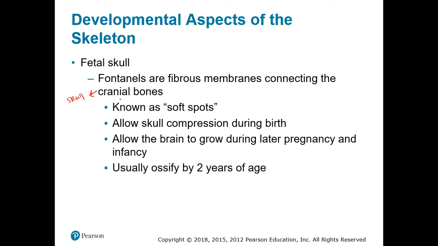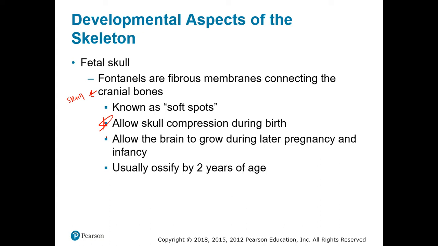And the reason they have fontanelles is because it allows skull compression during birth. As a baby is being pushed out of the birth canal, their head has to change shape in order to make it out. So oftentimes you might see a baby born and it has a cone head. That's just the fontanelles compressing so that the child can make it out of the birth canal.